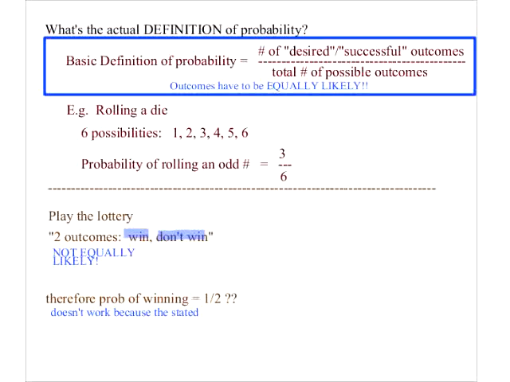For a more down-to-earth illustration of why it's important to phrase outcomes in ways that are equally likely, let's look at flipping a fair coin 3 times.